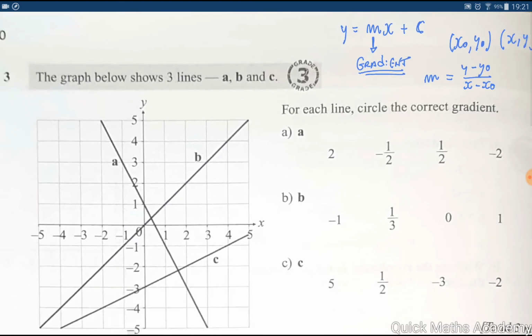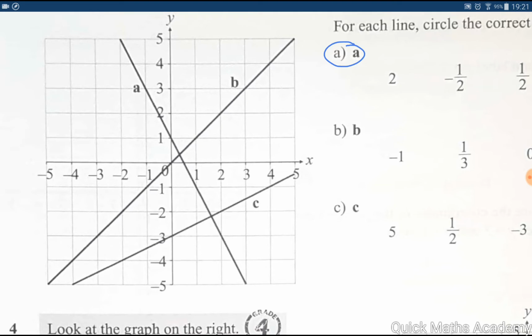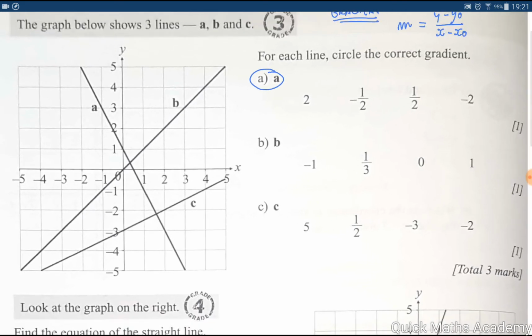So the graph below shows the lines A, B, and C. It's to find out the gradient, multiple answer. Let's find out the gradient of these lines. Let's start with the line A. Immediately we can see that it is pointing down, and if it's pointing down, that means my gradient is negative.